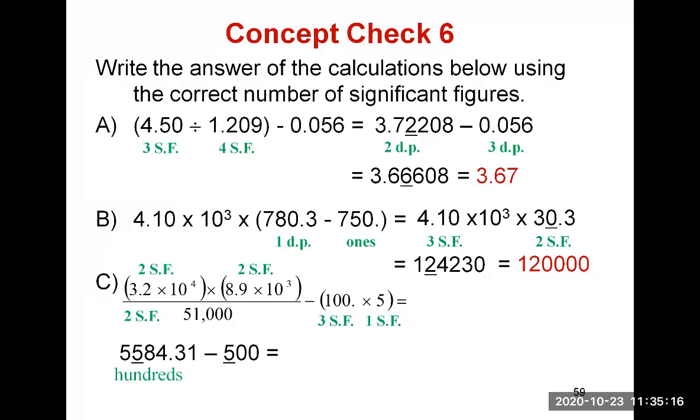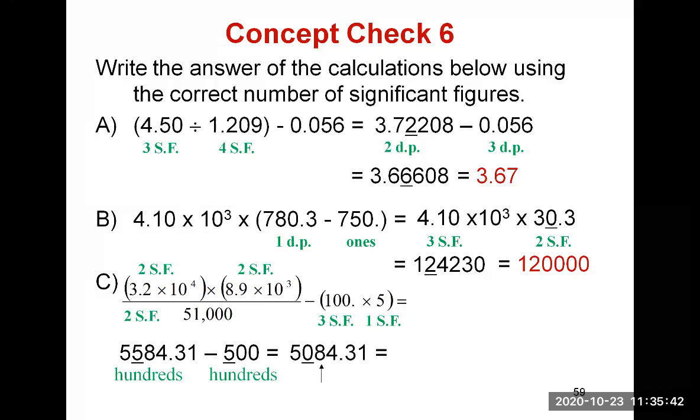So the least precise digit place is the hundreds. It's the hundreds because we underline the 5 here. And the other intermediate answer has the hundreds place underlined as well. So that means we need to keep the final answer rounded to the hundreds place.